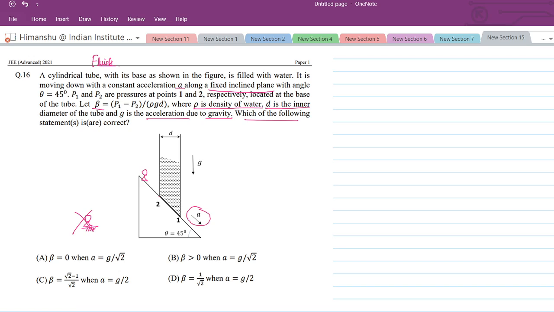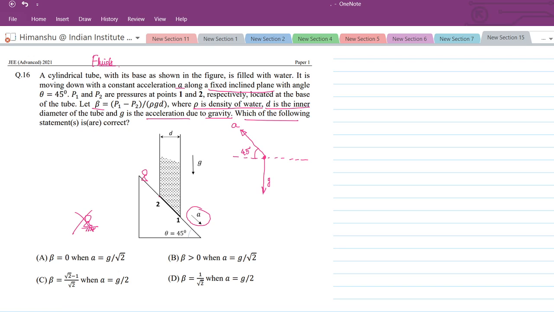With respect to the inclined plane, the fluid is simply at rest, but it has two accelerations, g and a, the acceleration due to the pseudo force. This angle would be 45 degrees.